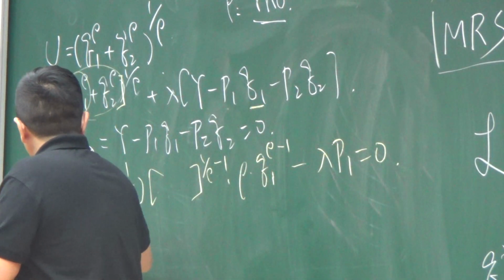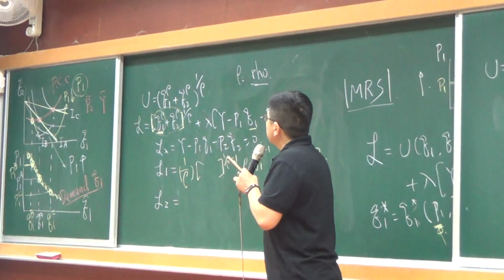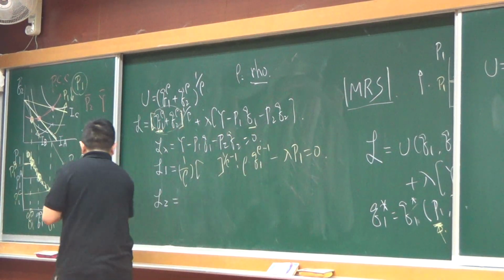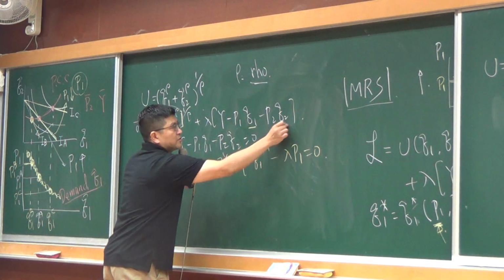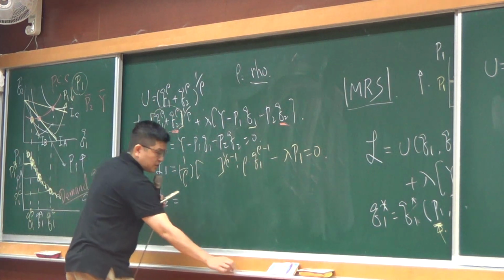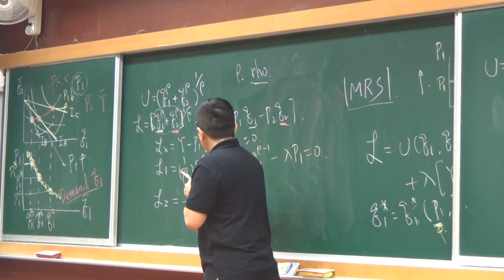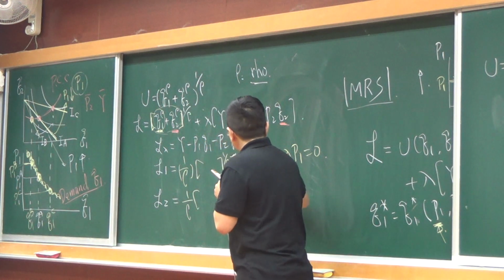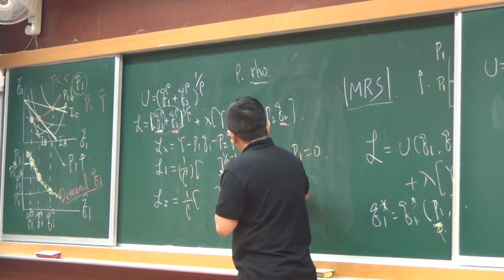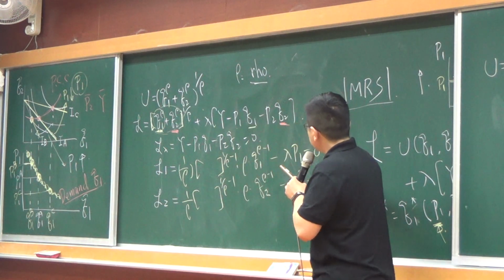And Lagrange with respect to Q2, now we are dealing with Q2. We have Q2 here and Q2 here. So it would be the same: 1 over rho, and 1 over rho minus 1, rho Q2 to the rho minus 1, minus lambda P2.